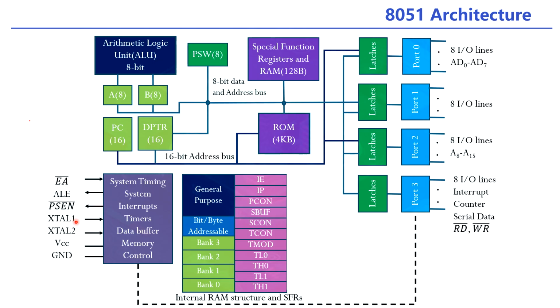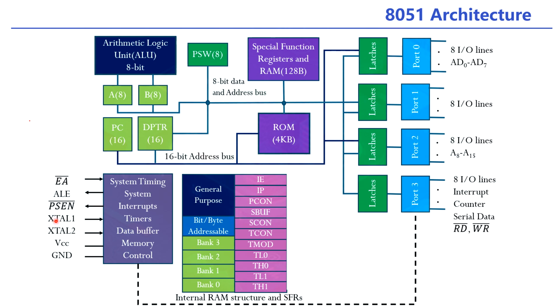In addition to these power supply pins, the 8051 requires timing information. We will give the timing information to the 8051 microcontroller through two crystal oscillator pins, XTAL1 and XTAL2. These are the inputs for the 8051 microcontroller.